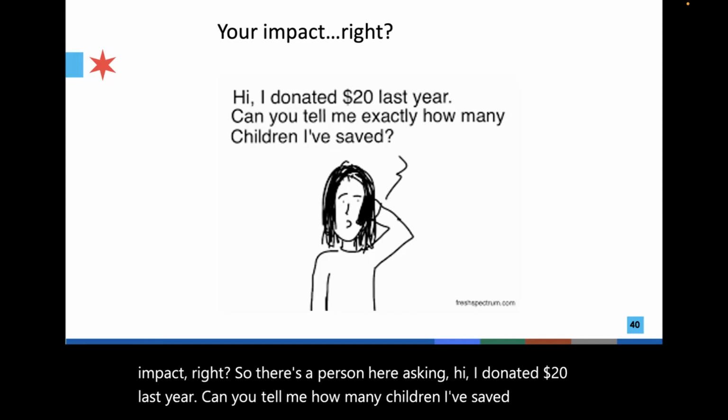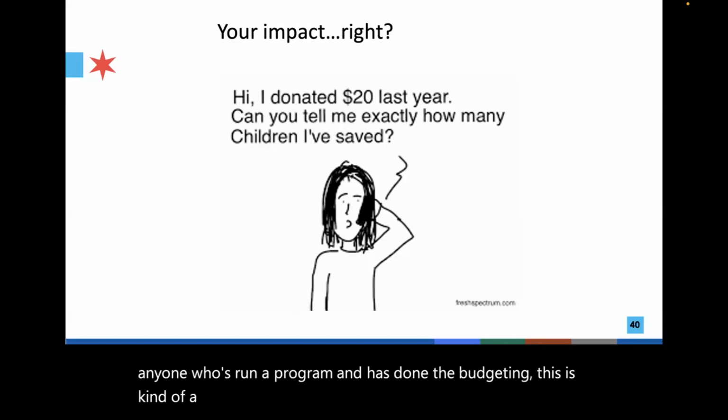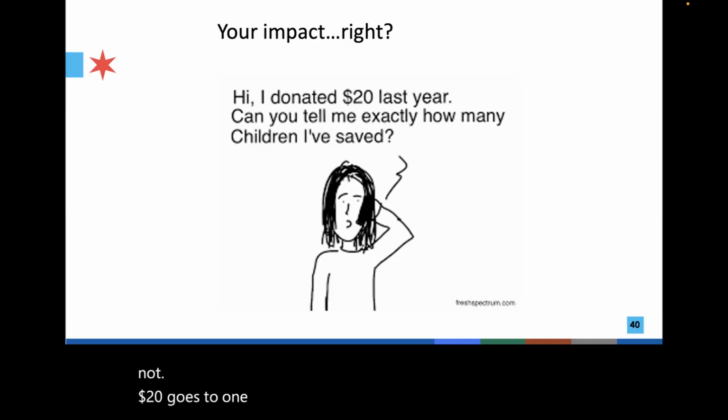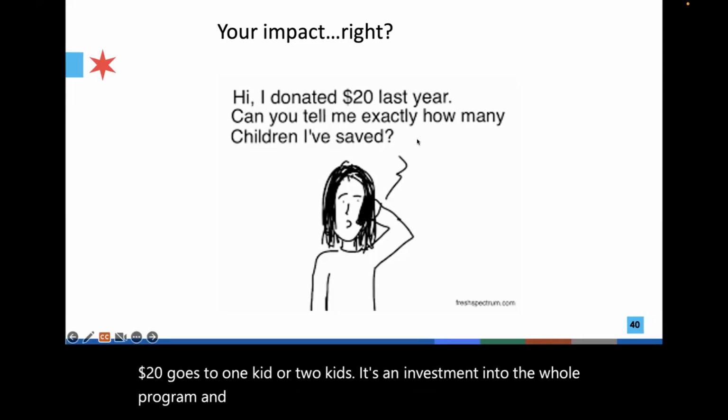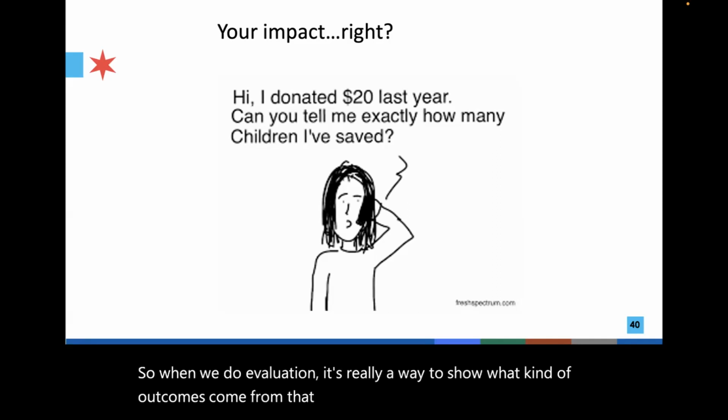Anyone who's run a program and done the budgeting knows this is a complicated question to answer, because it's not $20 goes to one kid or two kids. It's an investment into the whole program and everything that's happening. So evaluation is a way to show what kind of outcomes come from the investments put into the program.